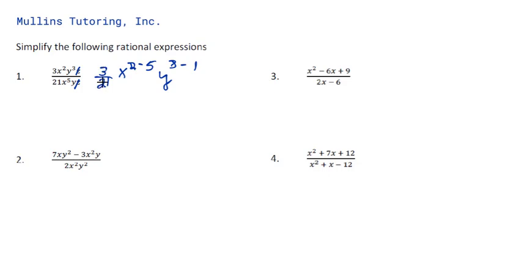When we simplify 3 over 21, 3 is the common factor. 3 goes into 3 one time, and 3 goes into 21 7 times.